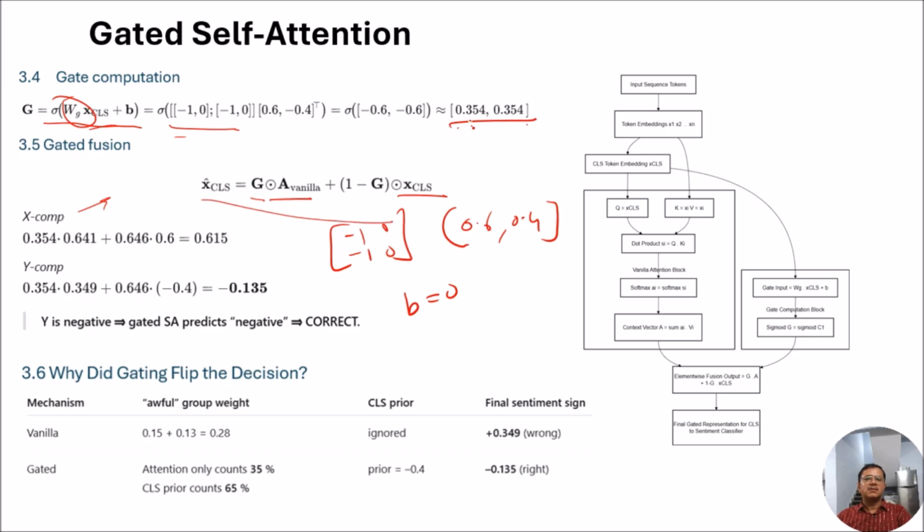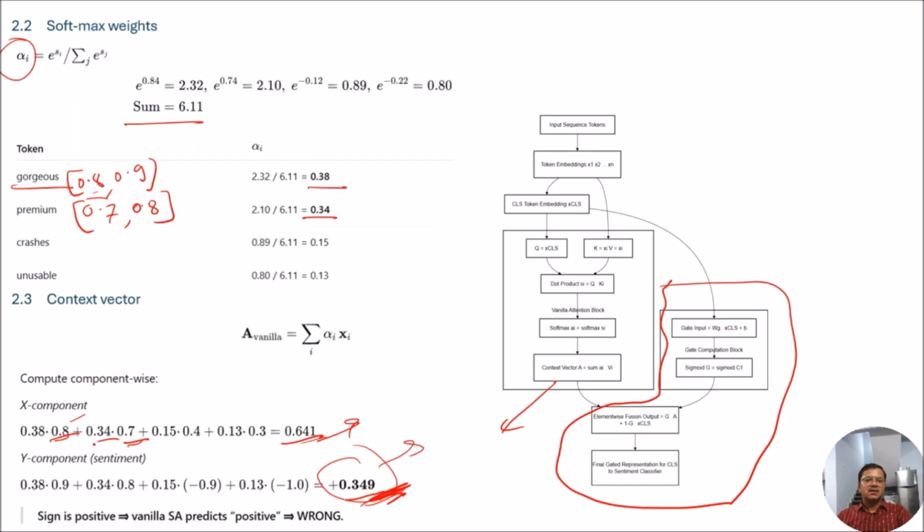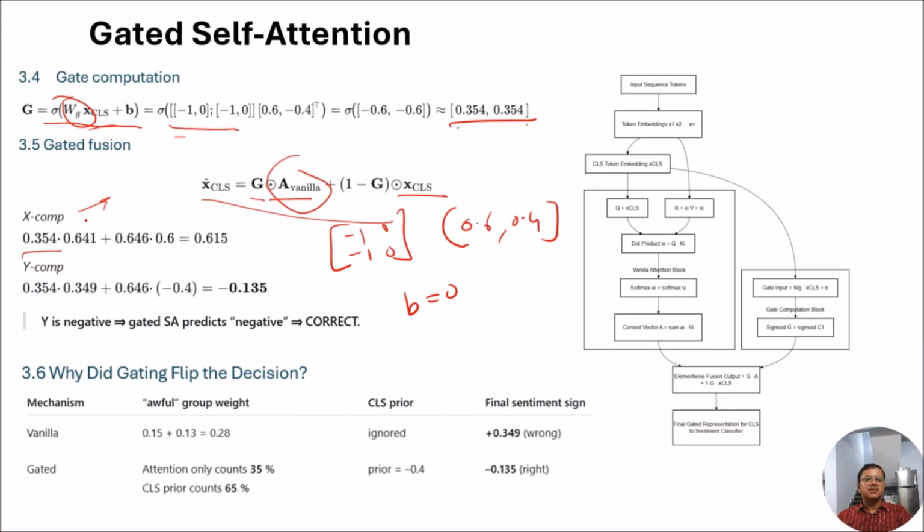So G is 0.354, and the vanilla attention score is 0.641. Again, 1 minus G is 1 minus 0.354, which will be 0.646.